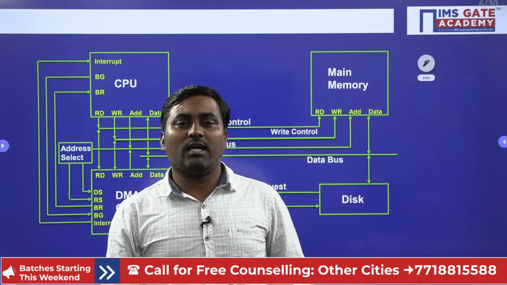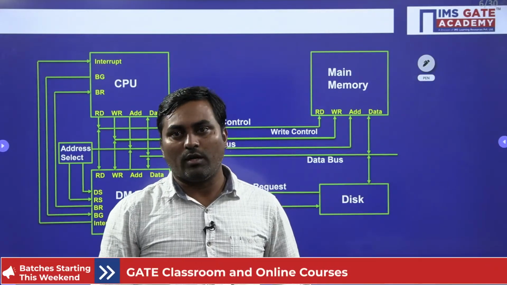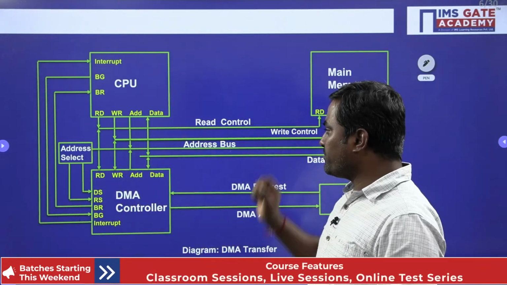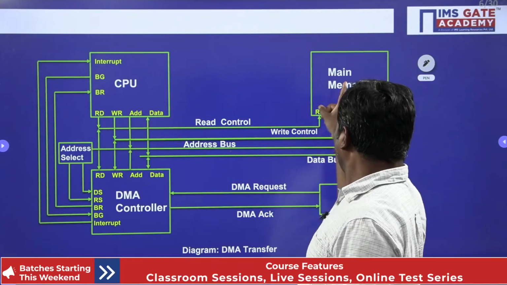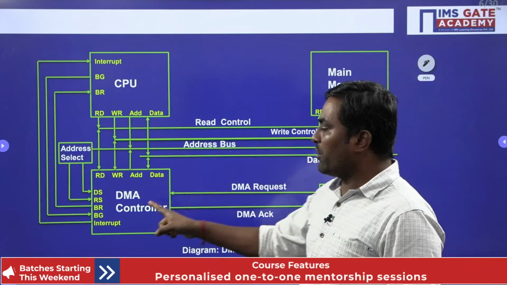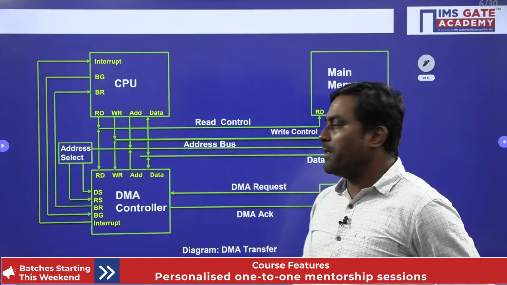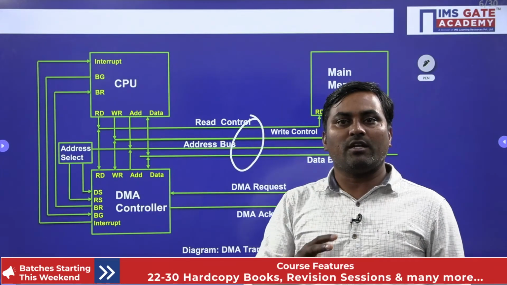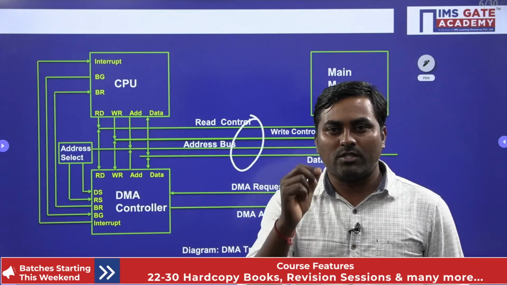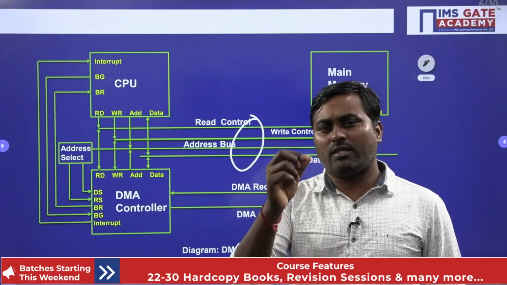Now let's understand step by step the framework of the DMA controller. Look at the picture. The processor naturally used to do the transmission between memory and disk, but we are placing the DMA controller. Now observe how the process goes. This is the system bus, containing three things: address bus, control bus and data bus.